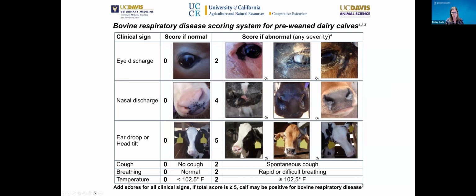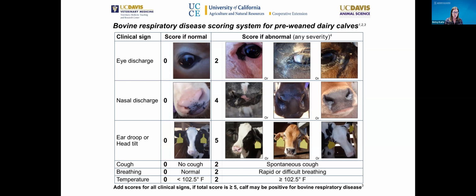Really it's meant to be a simplified system where an observer, a calf caretaker, can look at an animal and look for these 6 clinical signs and pretty quickly determine if a calf is dealing with respiratory disease and if it's time to go to the protocols that you've established with your veterinarian to treat the disease. So: eye discharge, nasal discharge, ear droop, head tilt, cough, breathing, and temperature.